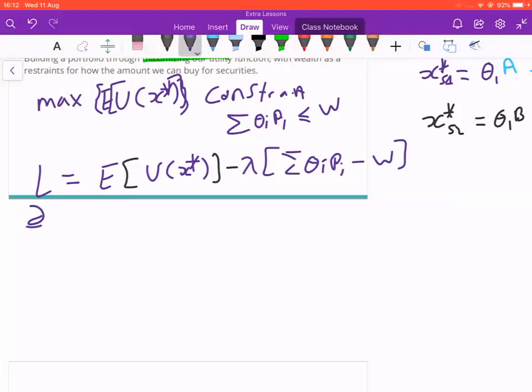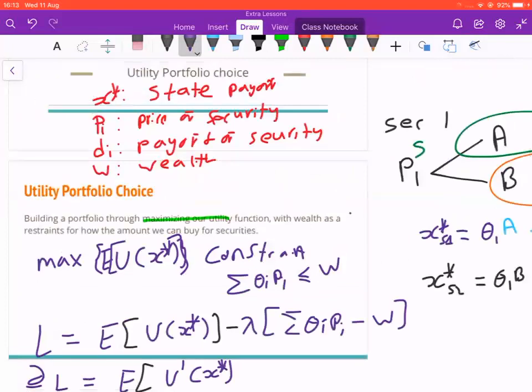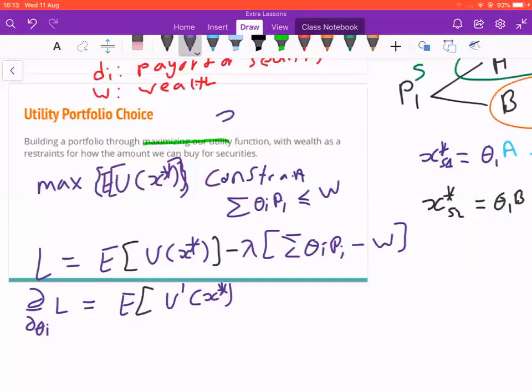You're going to find the first derivative in terms of theta for your Lagrange equation, and then the answer is going to be equal to this. Chain rule, the first derivative of this, and then you're going to differentiate what is inside. And I already have explained that your x star is going to be equal to the sum of the amount of shares you bought times the payoffs, right?